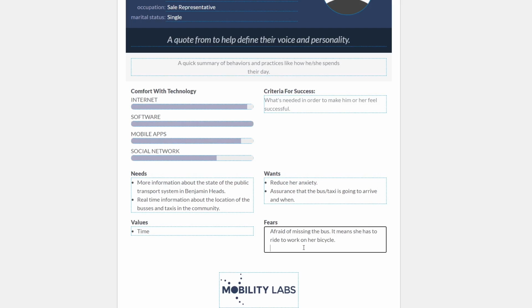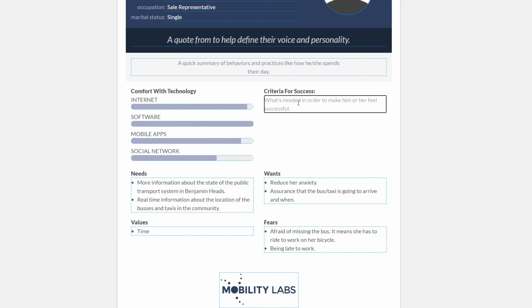She's afraid of being late to work because there might be consequences. If she's late for work, then she may need to stay extra time in the afternoon to make up that deficit, which means she could miss the bus coming home. So there could be a whole cascading effect of lateness on her because she doesn't have a car. That's what she's afraid of.